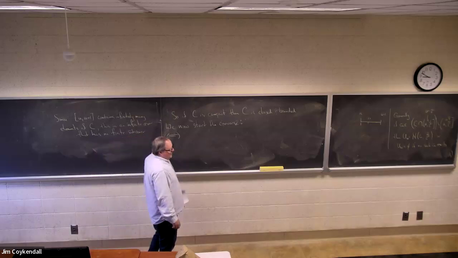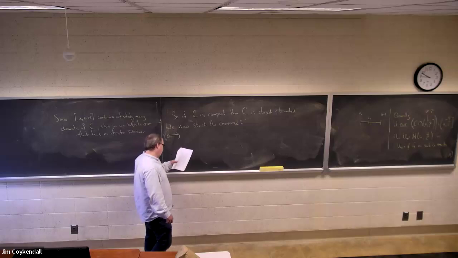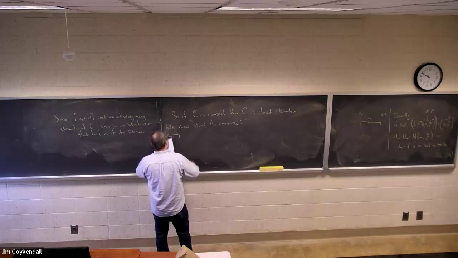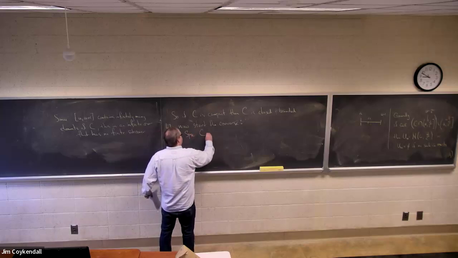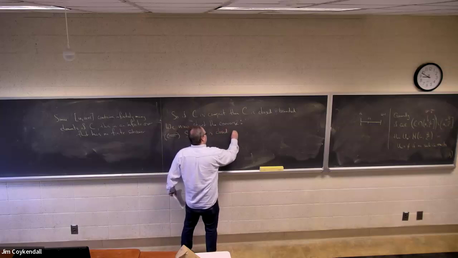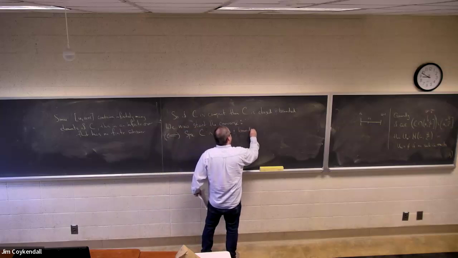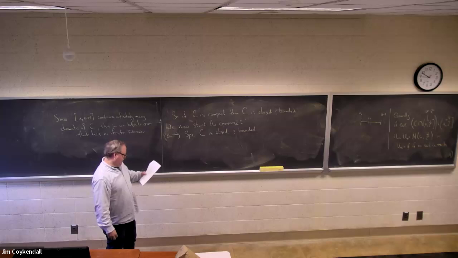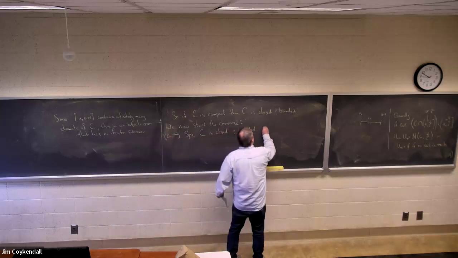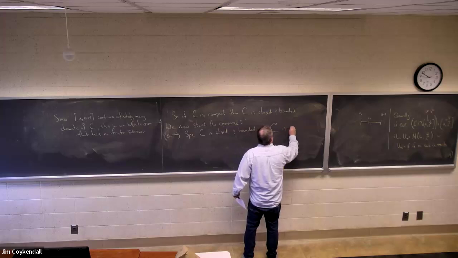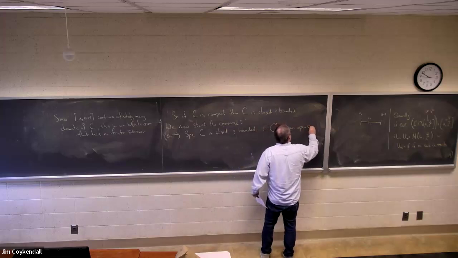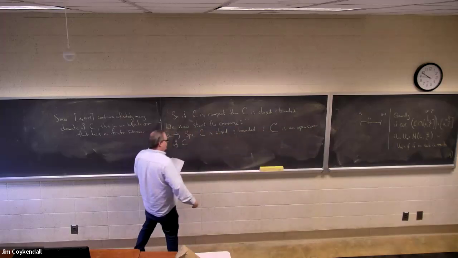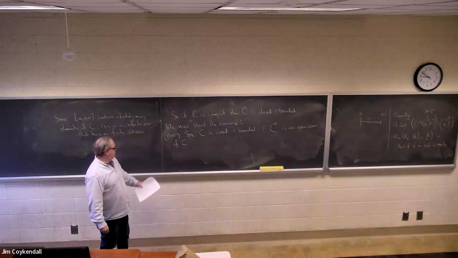Okay, so here we're going to define some sets to get us started. We'll hit this next time, but suppose C is closed and bounded, and suppose that C is an open cover. We need to show that it has a finite subcover.